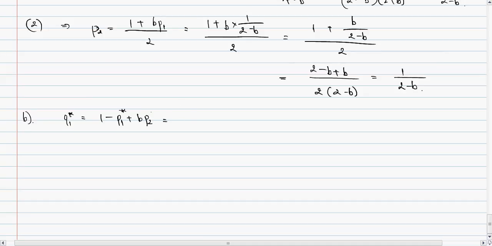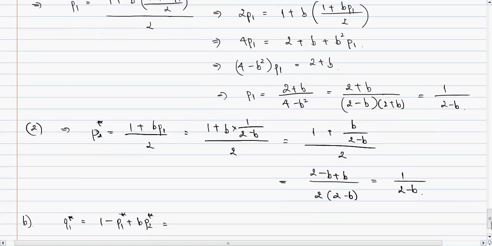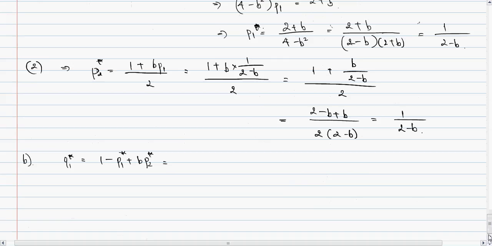So I'll put a star here to indicate equilibrium, so I should have a star here, and I should have a star here. Okay, to indicate equilibrium. So I already found P1 star and P2 star. Substitute back into this function here, I will be able to find the quantity Q1 star.